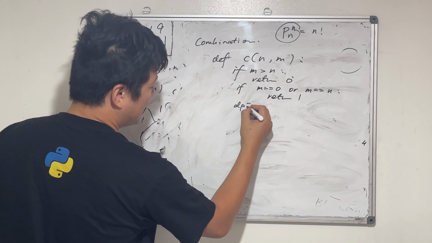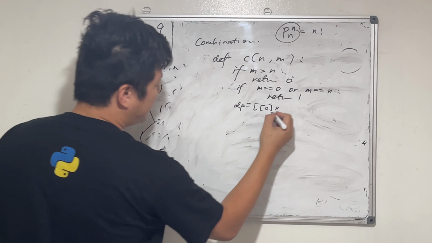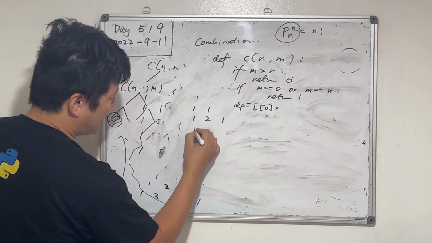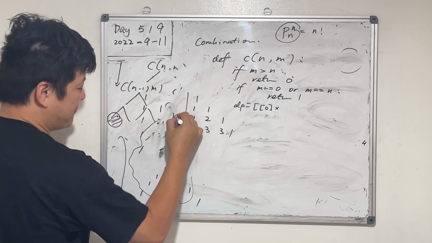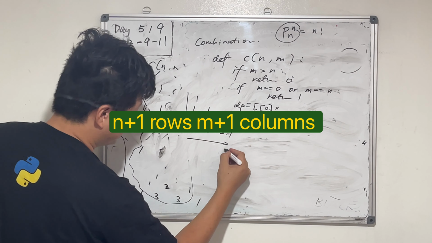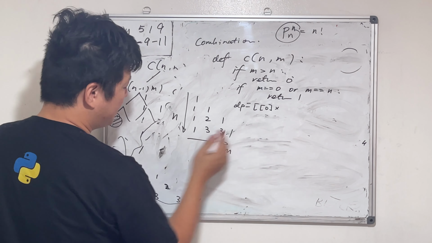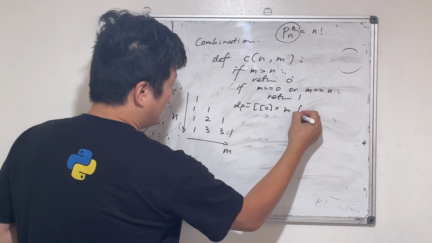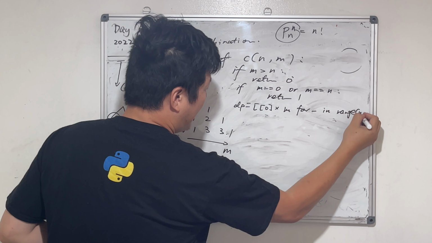Look at the values here, Pascal triangle. So this is n rows. Here we want to have m columns. We need to create a 2-dimensional array: [0] times m for underscore in range n.